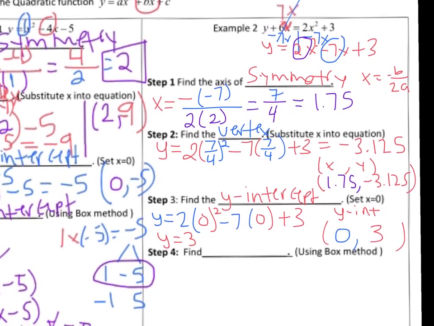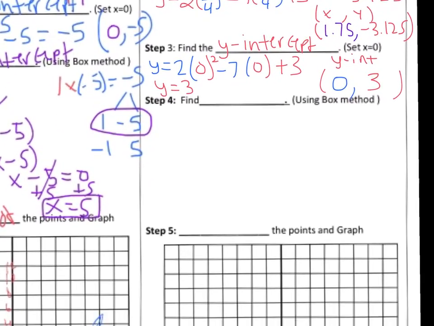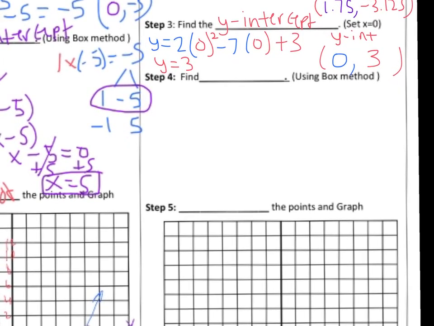Step number 4. After we find the y-intercept, we are going to find the x-intercept. Step 1 for finding the x-intercept is to make a box, and then make the little one down at the bottom right.